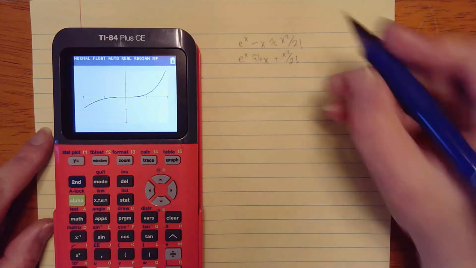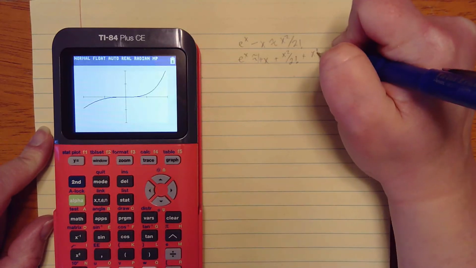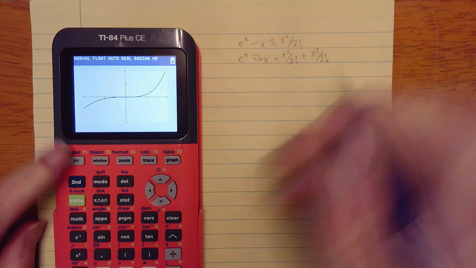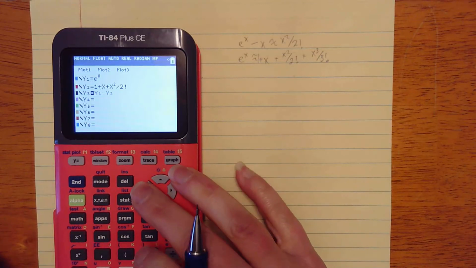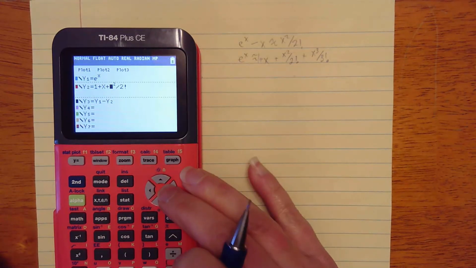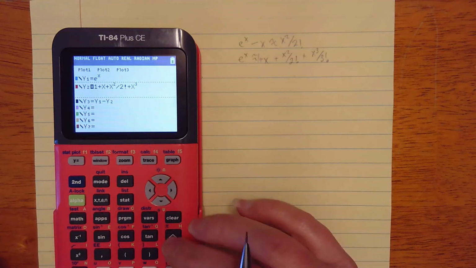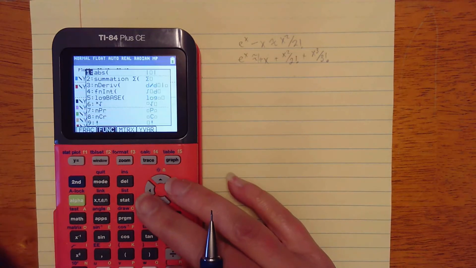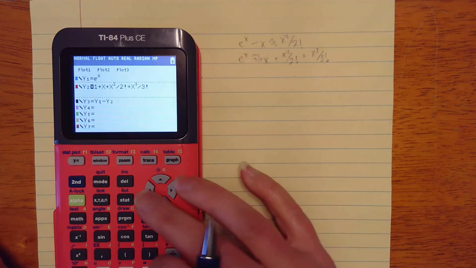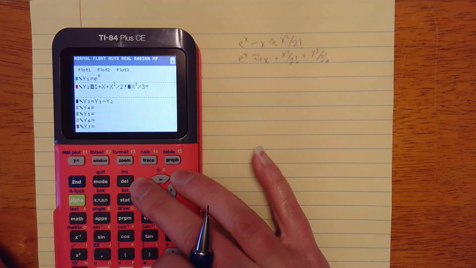So let's see. Hey, what if I did x cubed over 3 factorial? Let's go here on this one, and let's add in x to the third divided by 3 factorial. And let's see how well that matches up.